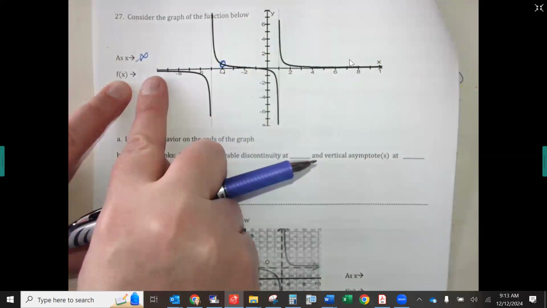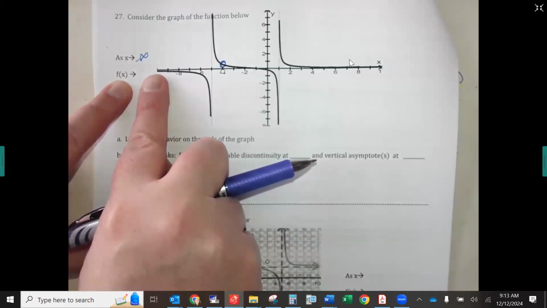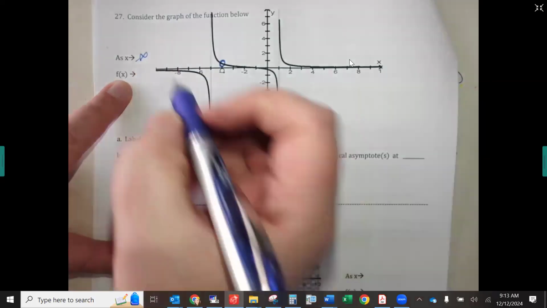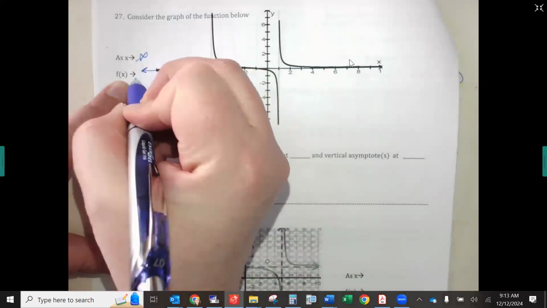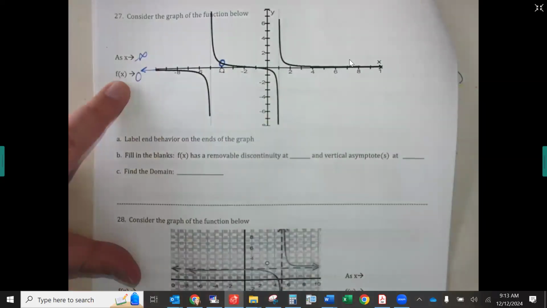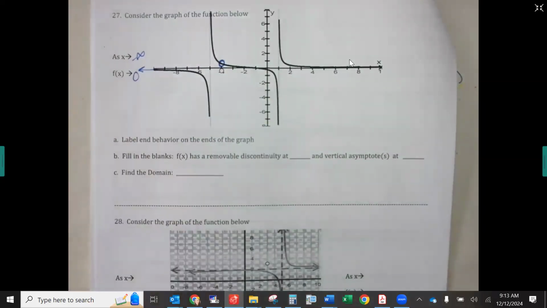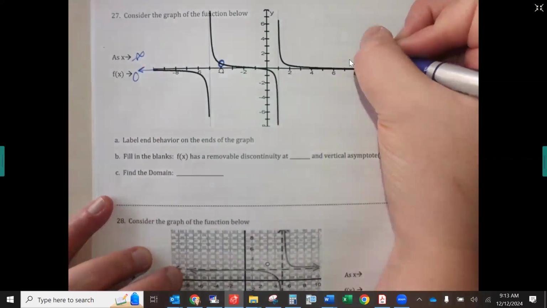Negative infinity. And then is my graph going up to infinity, down to negative infinity, or is it approaching the x-axis? And the x-axis means that it's getting closer to 0. So remember that it could be flattening out towards a number, or it could just be going up or down. Okay, same thing on the other side.